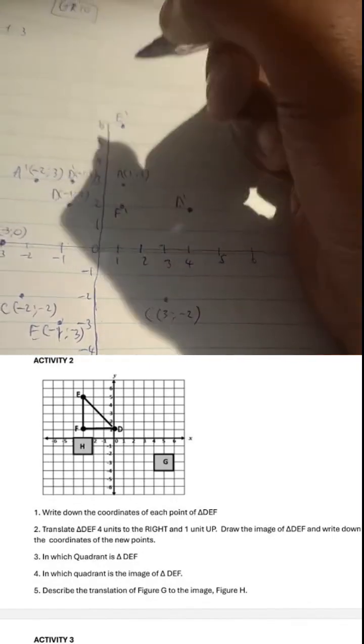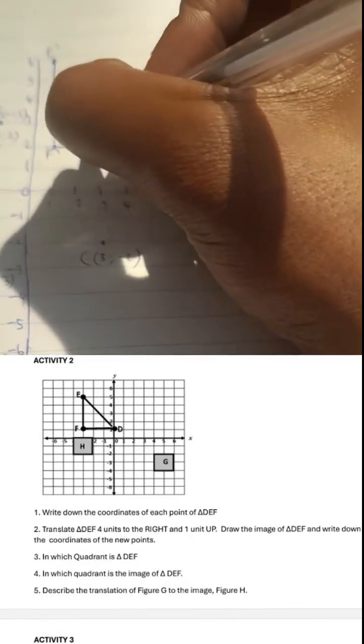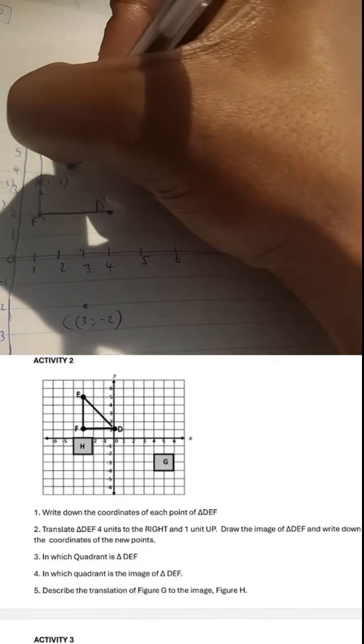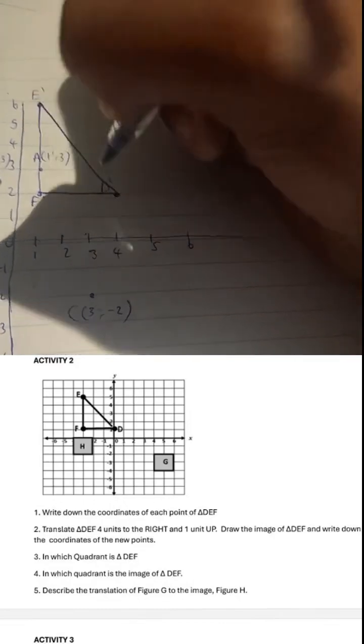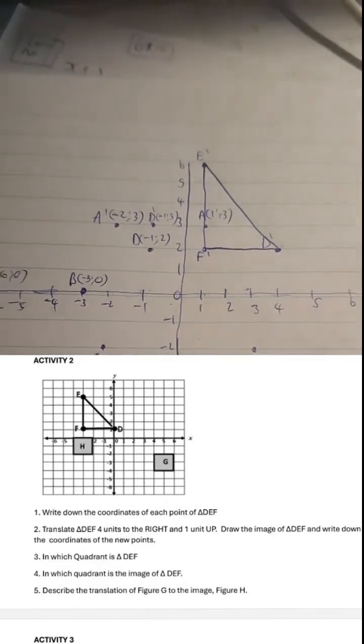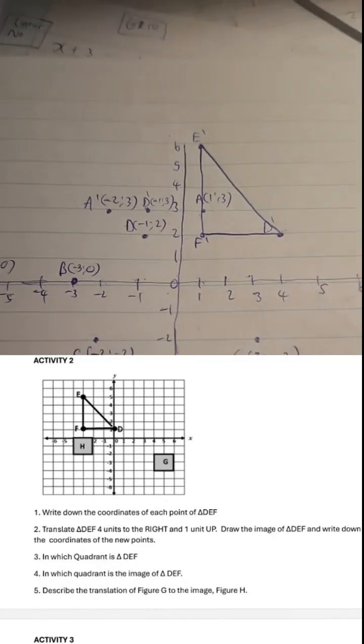So that would be F image, and then E the image, and then you would basically use your ruler, right? I hope you guys get the point. You would basically use your ruler and connect those dots so that you can ensure that you are getting it right.